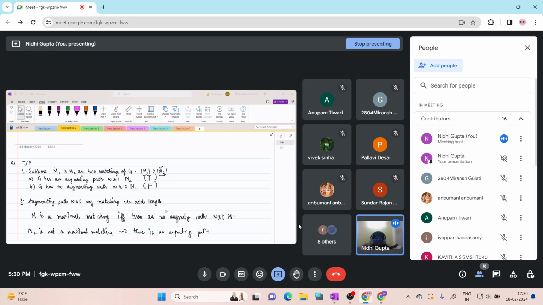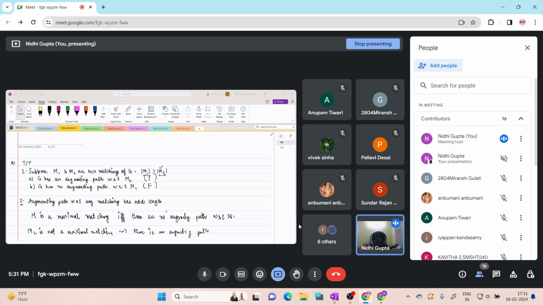An augmenting path was a path starting and ending with an unmatched vertex, and it was also alternating between unmatched, matched, unmatched, matched. Now, can such a path be of even length, or will such a path always be of odd length? Such a path is always of odd length.